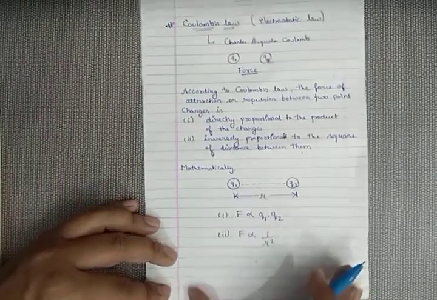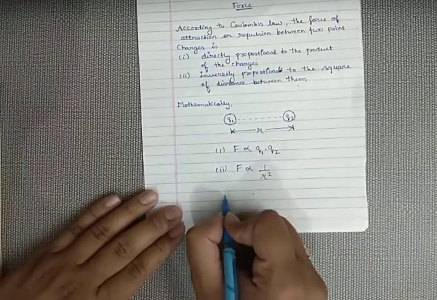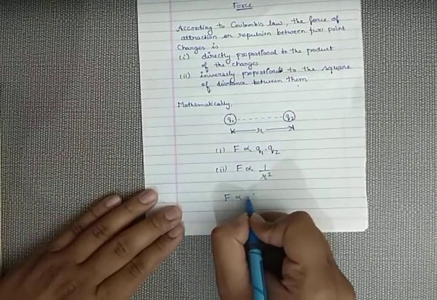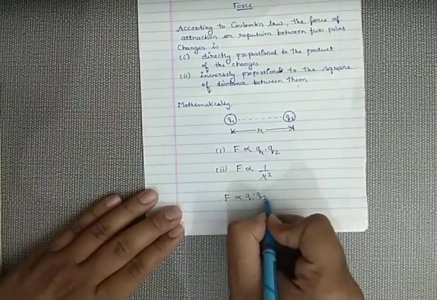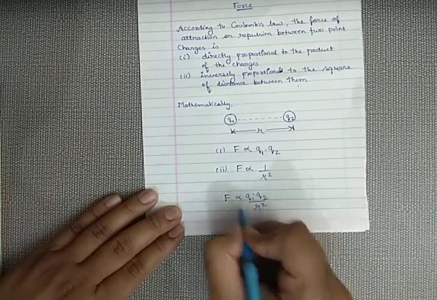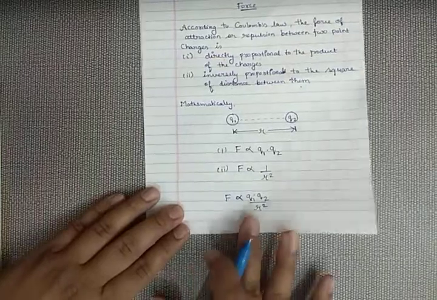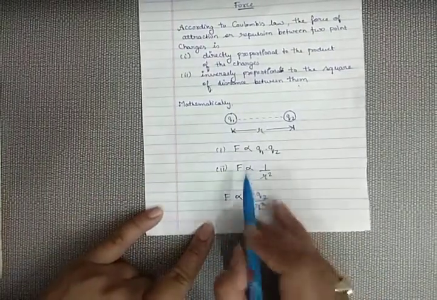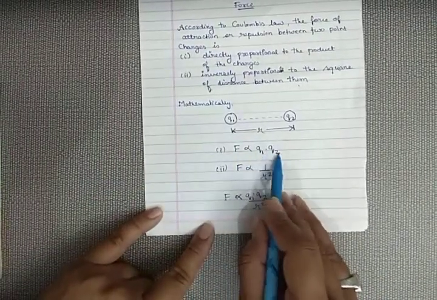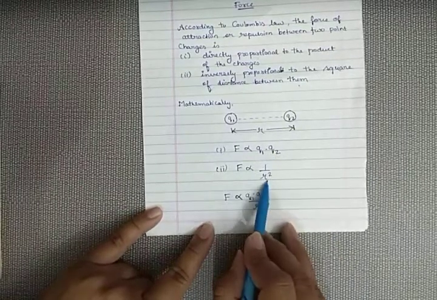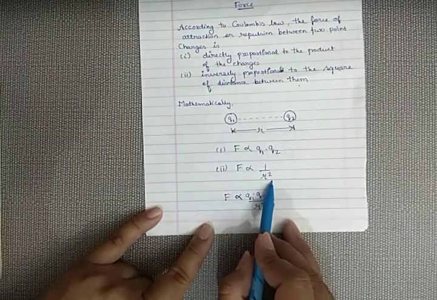On combining these two statements, we get our expression F proportional to Q1 Q2 upon r square. So keep in mind that it is directly proportional to Q1 Q2 and inversely proportional to the square of distance between them.